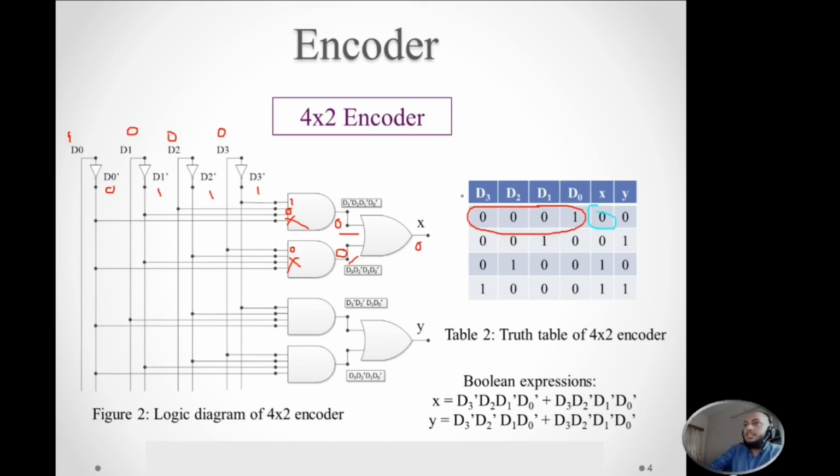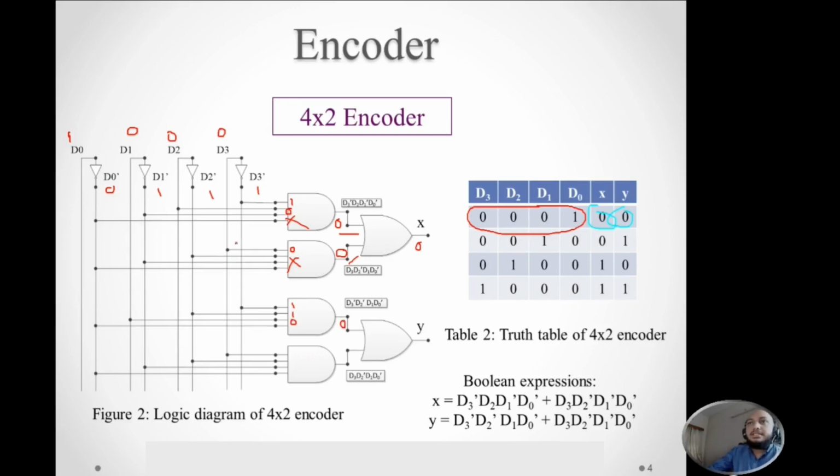Now let's see if we can get y 0 or not. Again, for this AND gate, we will consider the inputs. At first d3 prime, which is 1, then d2 prime, which is also 1, and then d1, which is 0. So we have already got a 0, and the output will be 0.